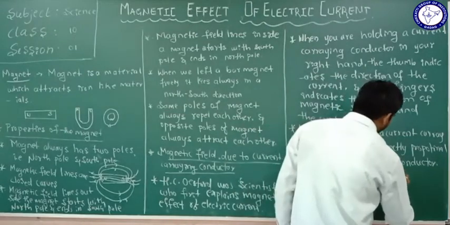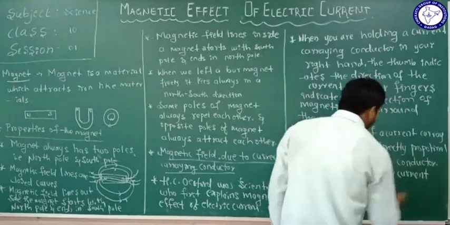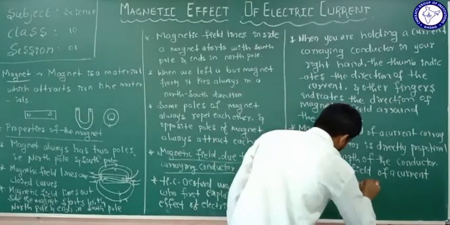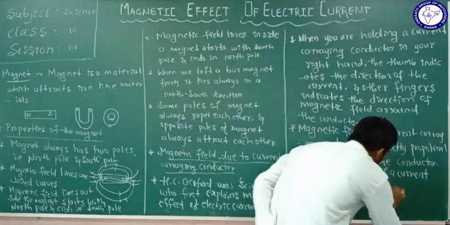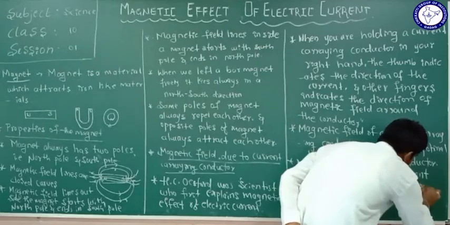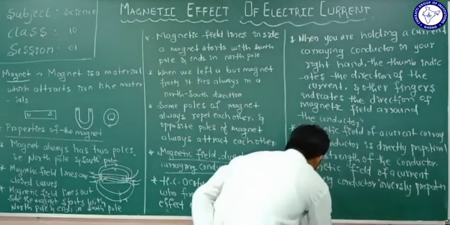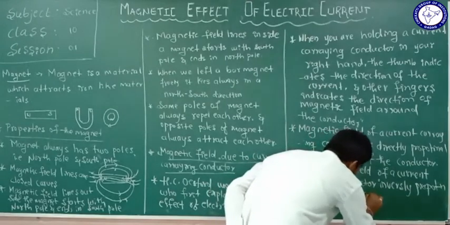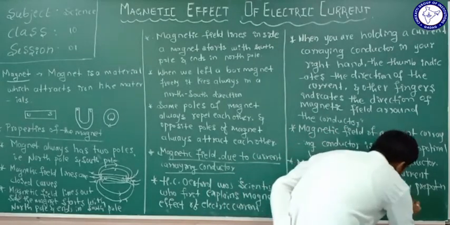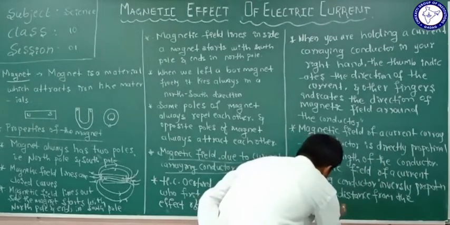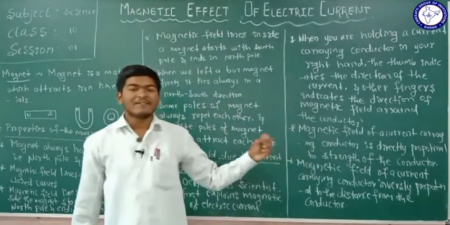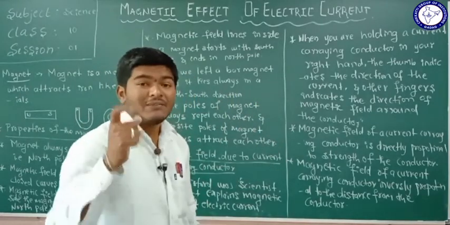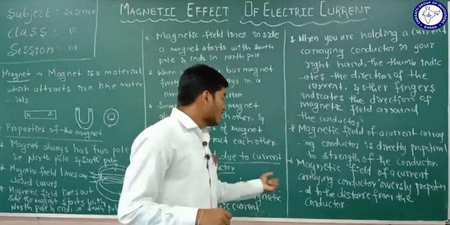And another property: the magnetic field of a current carrying conductor is inversely proportional to the distance from the conductor.